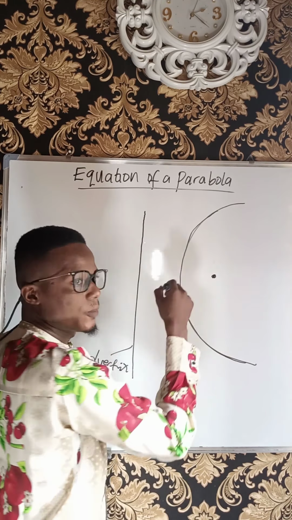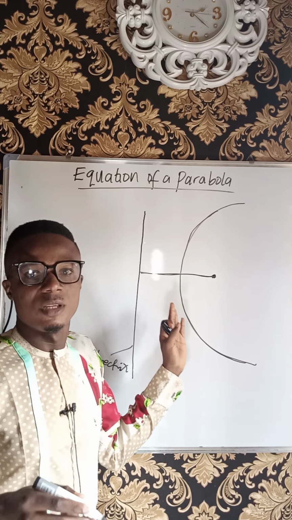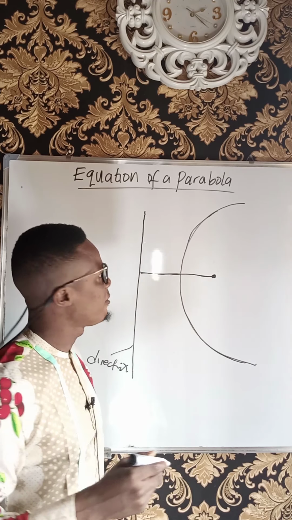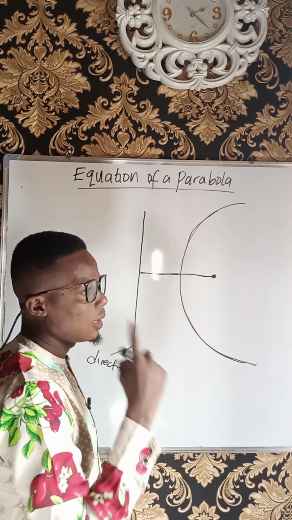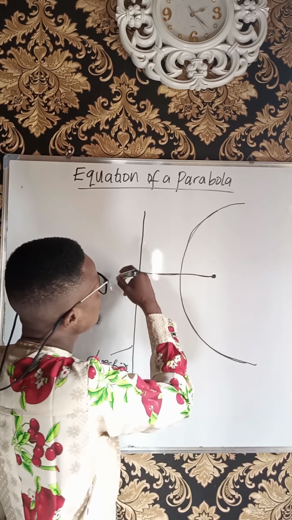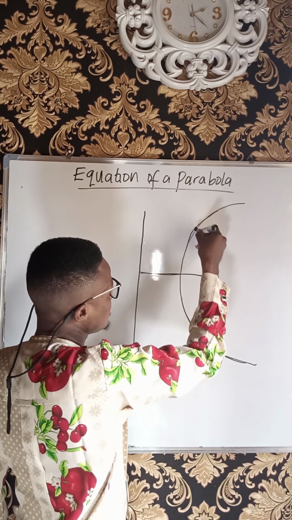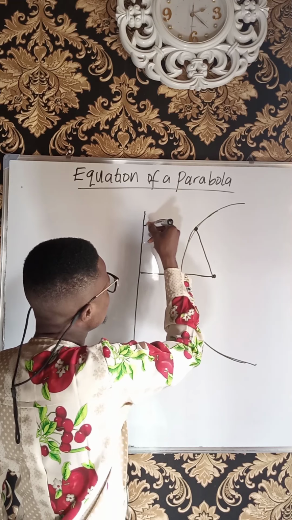Now, this given line that is perpendicular to the directrix is known as the axis of symmetry or the axis of the parabola. Remember the definition of a parabola. Supposing we have a point here, the distance from this point to this line should be equal to the distance to the focus.